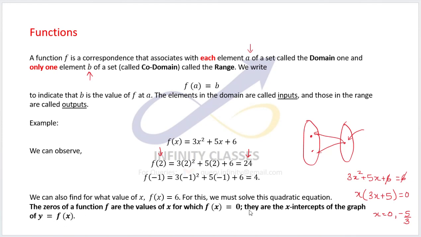We'll talk more about it in graphs, but that is also a very basic condition. So say this is the function y equal to f(x). The points where it is cutting the x-axis are called the zeros of the function.